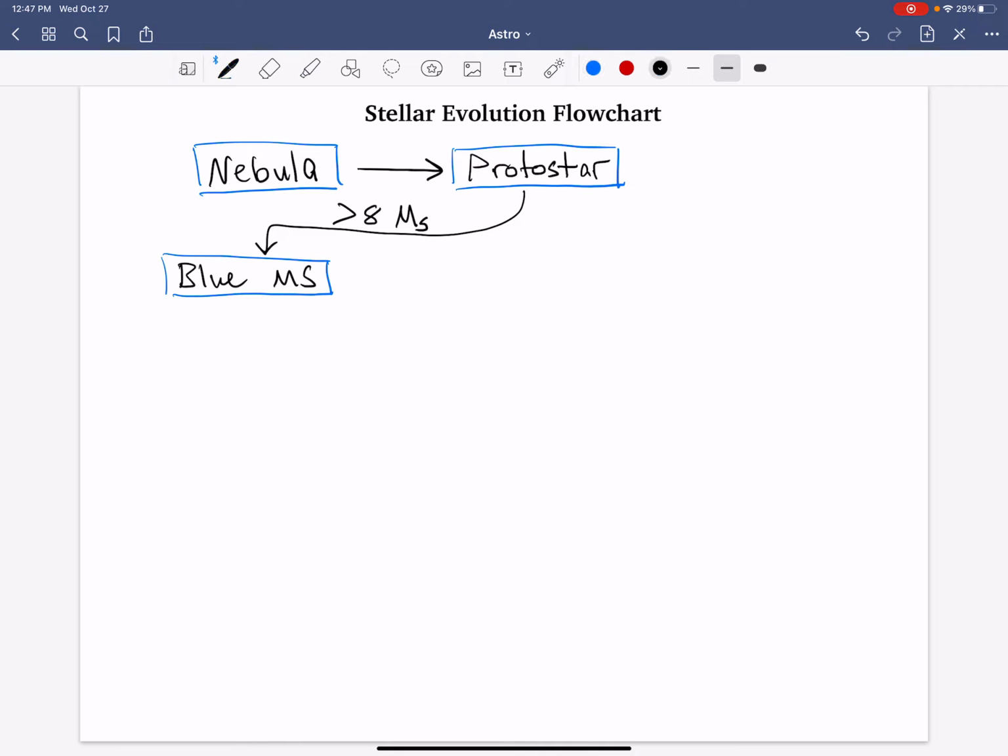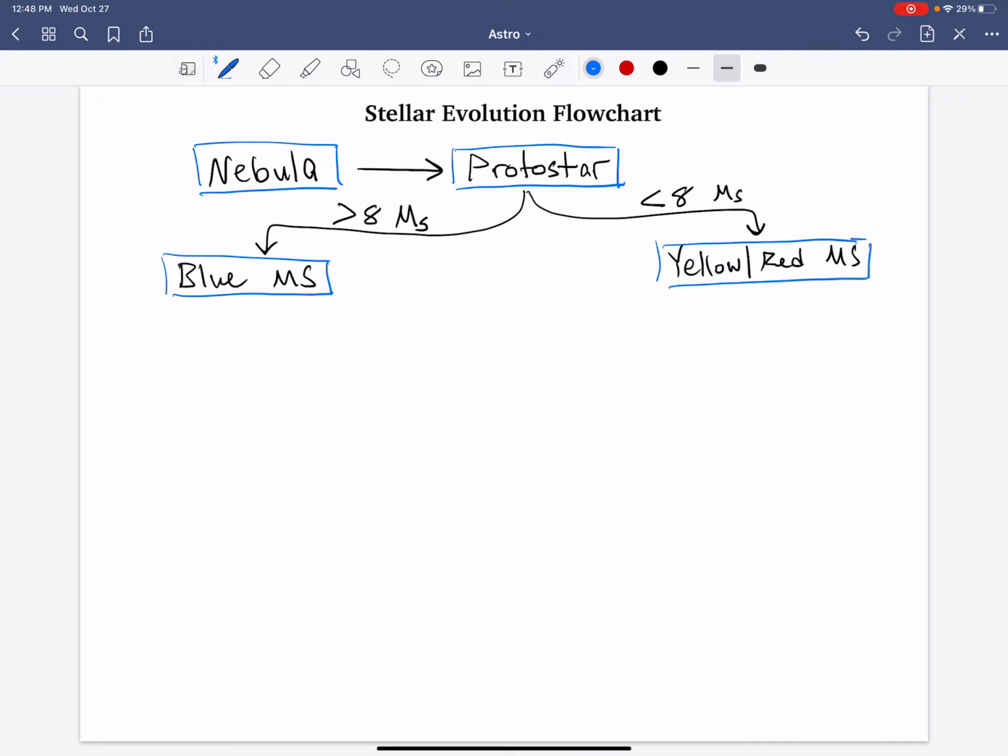If that protostar has less than about 8 solar masses, so less than 8 M sun, then it becomes either a yellow or a red main sequence star. So this is what our sun is, a yellow main sequence star.